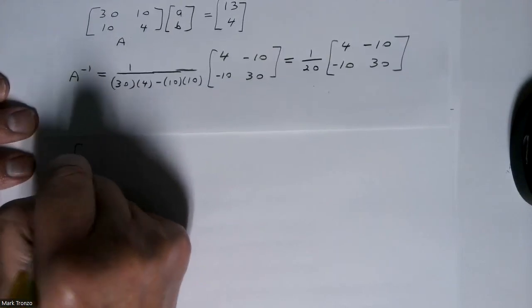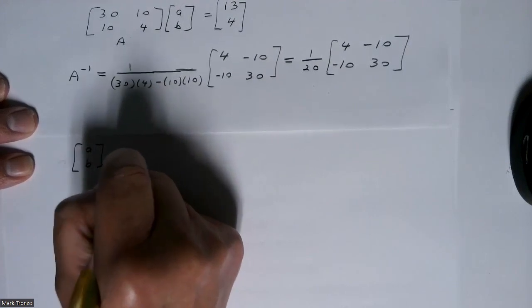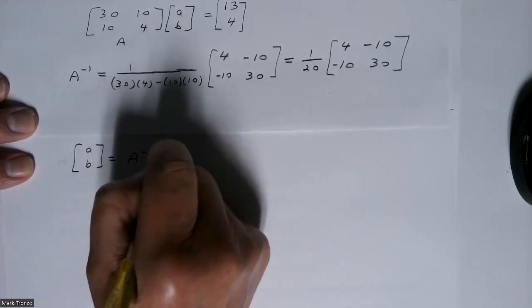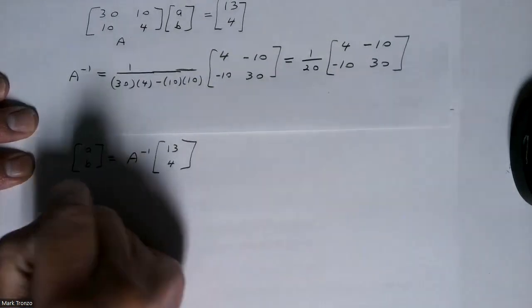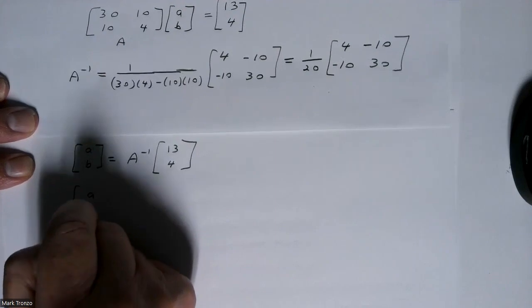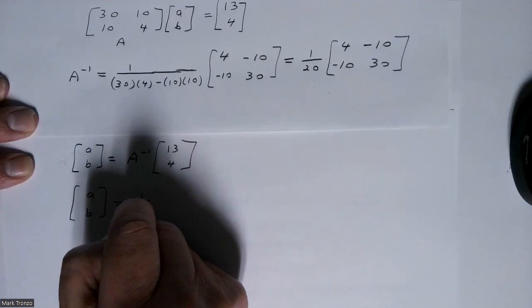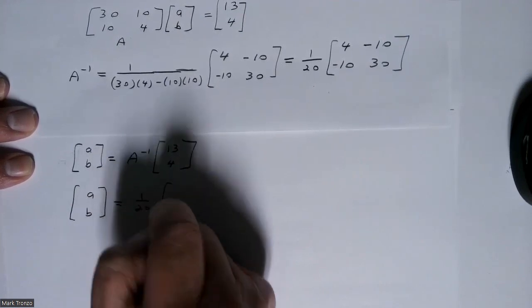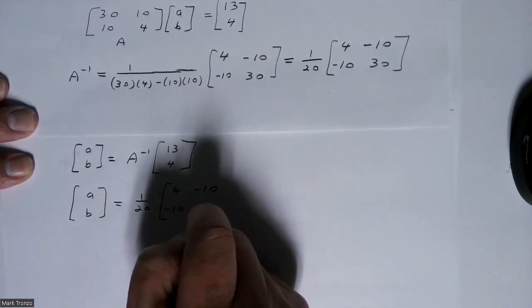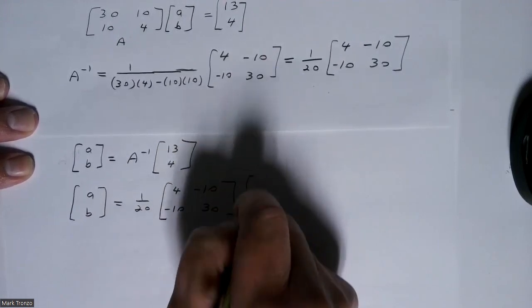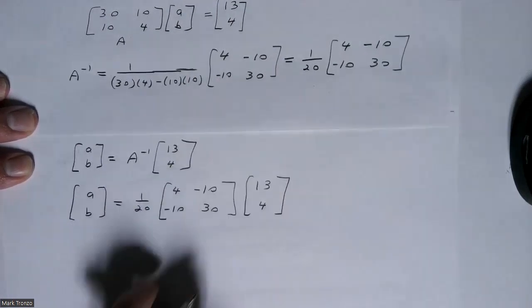Right now we have AB. That's kind of what we're doing. So AB is going to be 1 over 20. Like this.